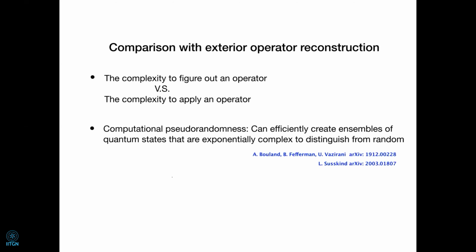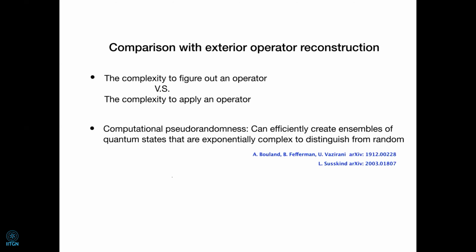One can efficiently create them, so none of them will have a very high complexity. But on the other hand, it's exponentially complex to distinguish them from random. That means even though I create this ensemble of states easily, I don't know they are easy. I don't know they are simple states. We don't know what they are.